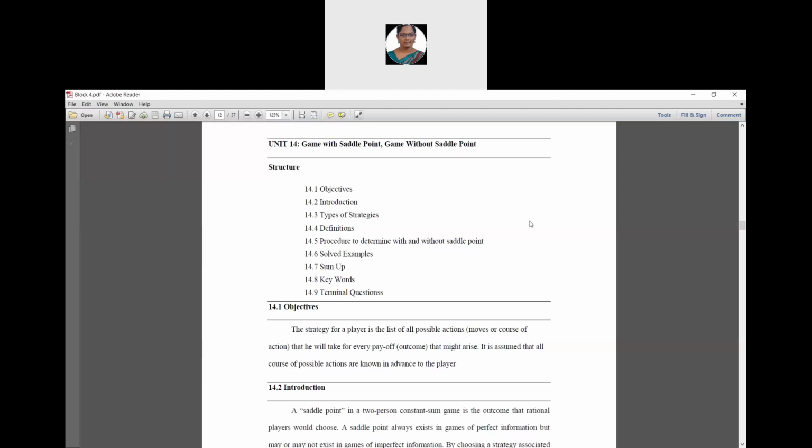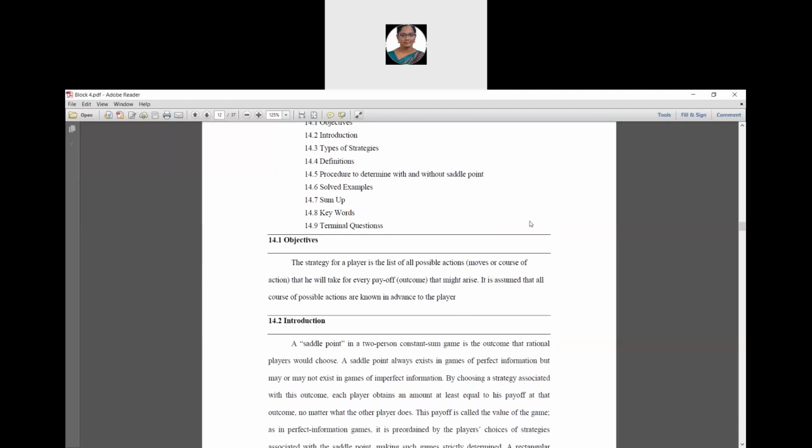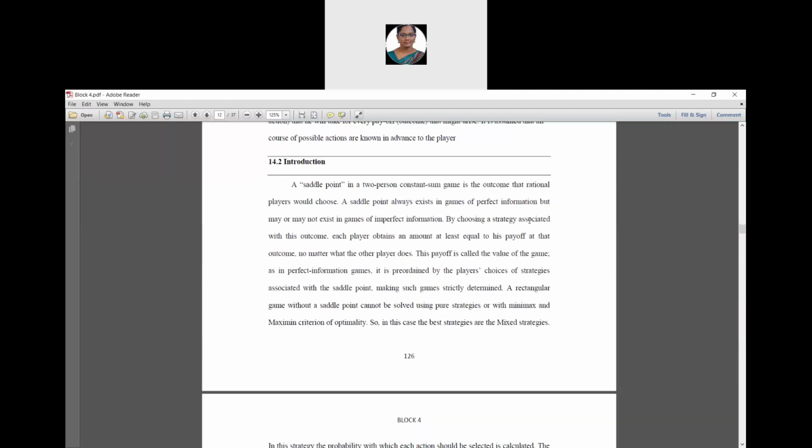Then, introduction. A saddle point in a two-person constant sum game is the outcome that the rational player would choose. A saddle point always exists in games of perfect information, but may or may not exist in games of imperfect information.